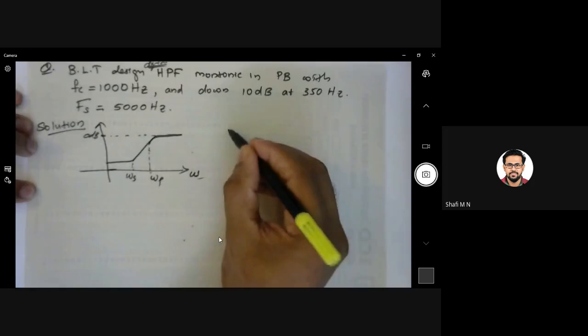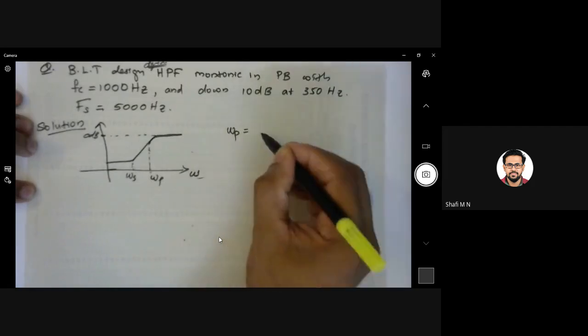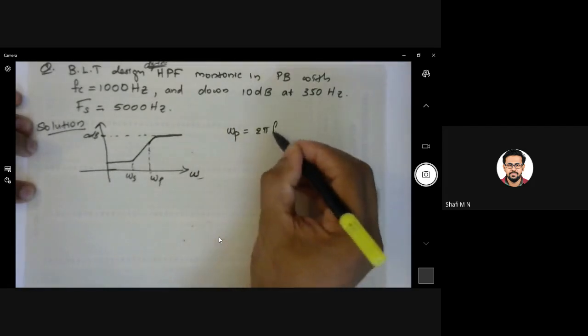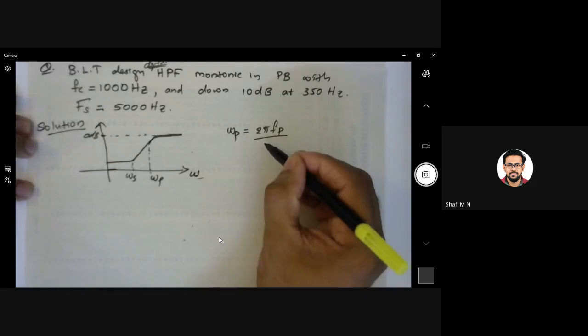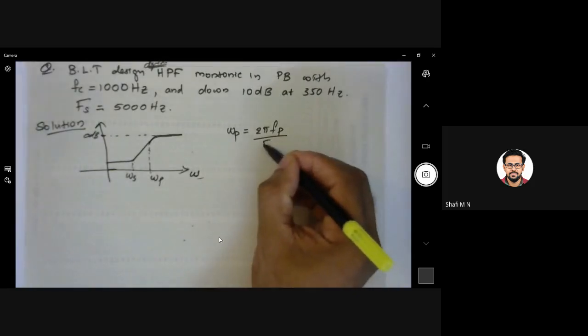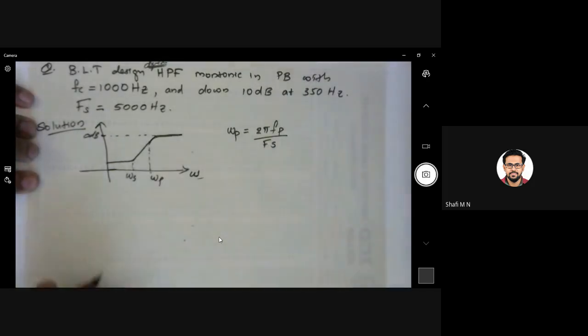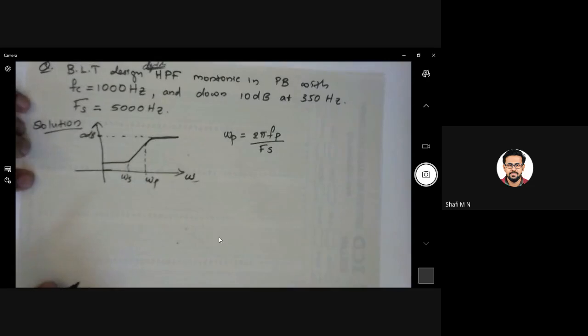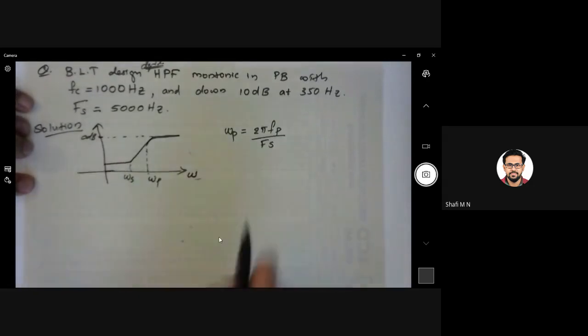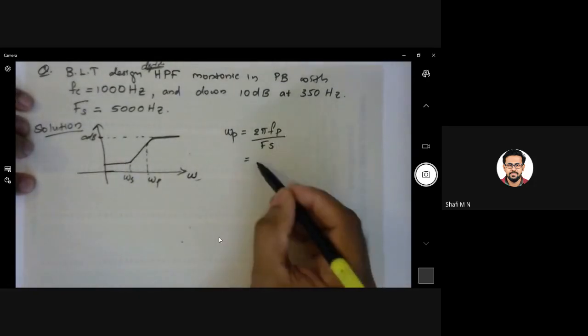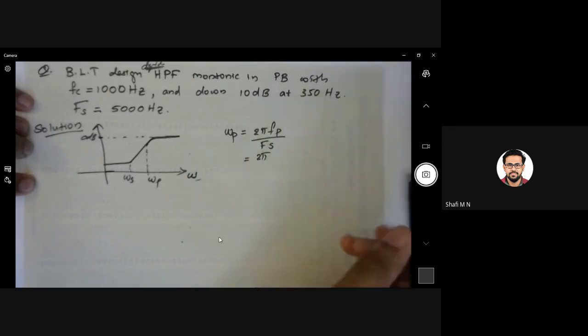So help me to find the value of omega p. 2 pi into fp divided by capital Fs. Is that right? So substitute these values. So how can I find the value of fp? Pass band edge.